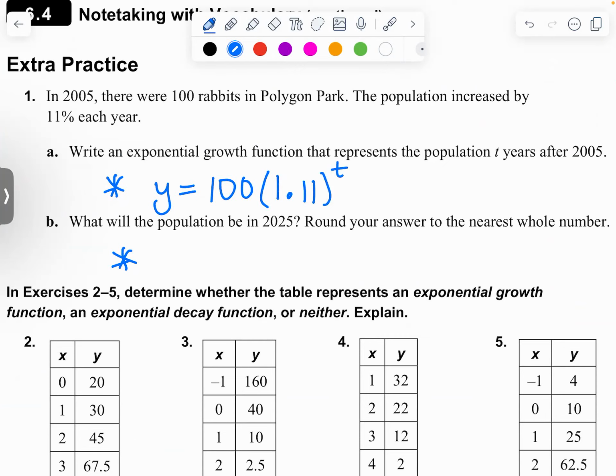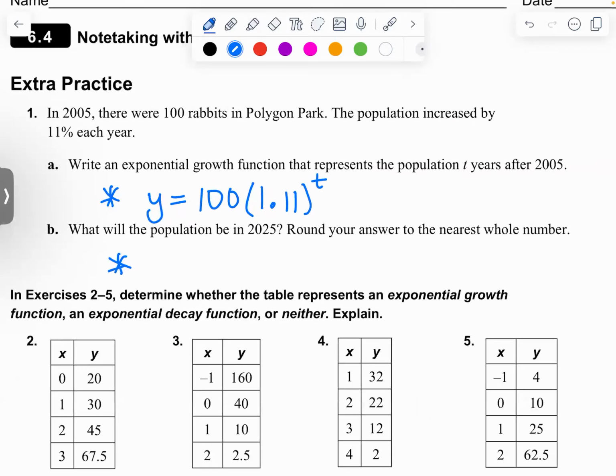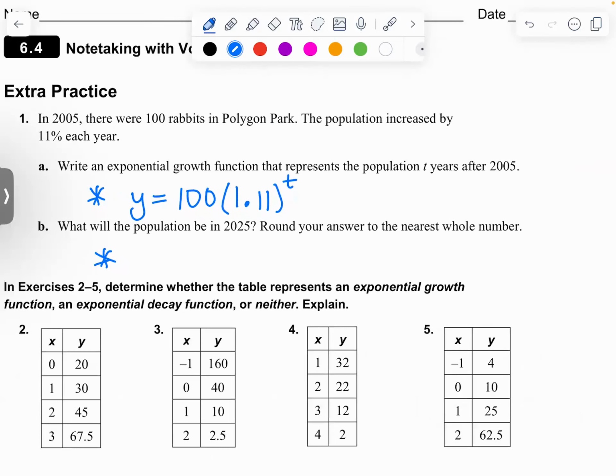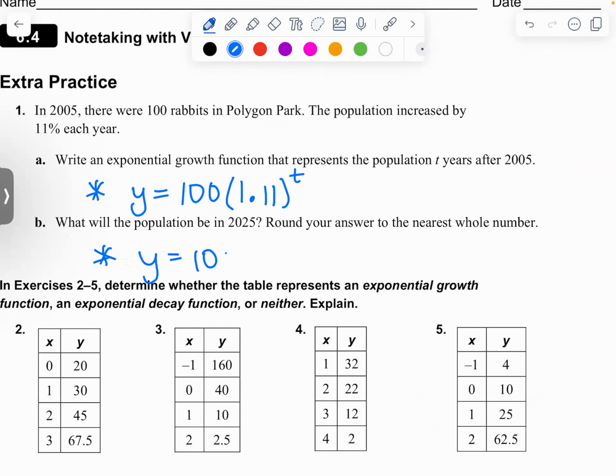Okay, if we begin in 2005, how many years to 2025? 20 is our time. How many rabbits? 806.